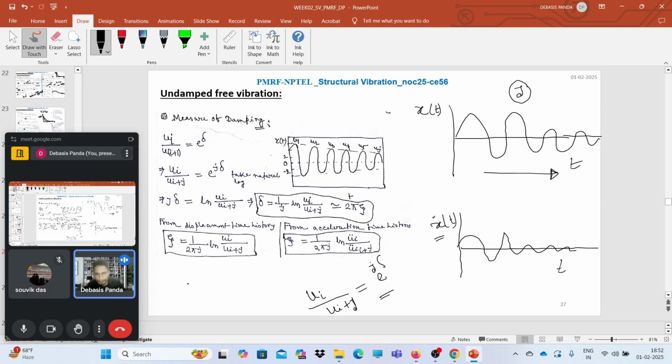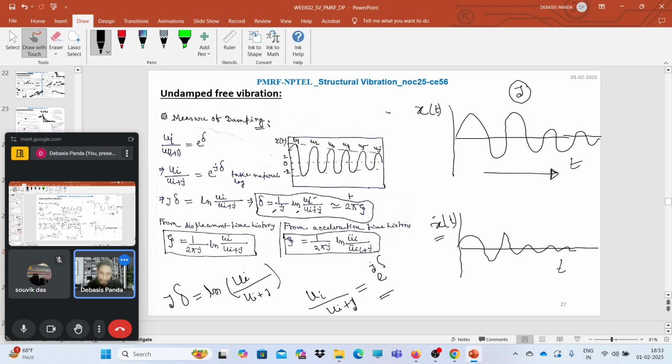J delta will be equal to the natural logarithm of my first peak amplitude over the peak amplitude after the jth cycle. Now delta can be written as 1 by j ln of ui by ui plus j.